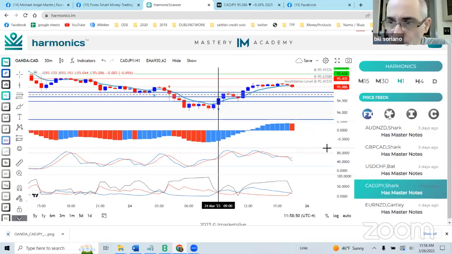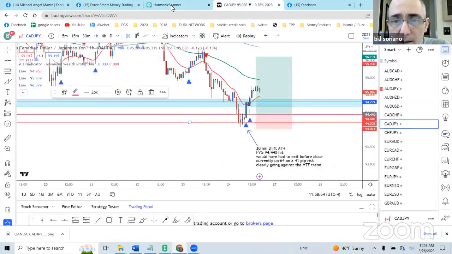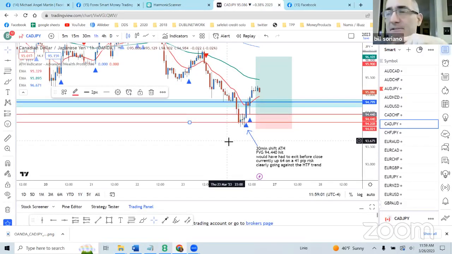Now, so we have a valid shift candle, and it's also the ATH candle. Now, this is also important. Sometimes the best trades, that shift candle and ATH candle will be the exact same candle, okay? Sometimes the ATH will come out one before or one after, okay?